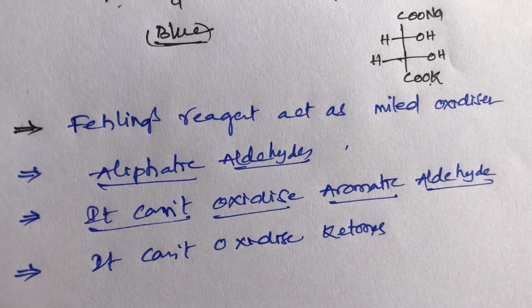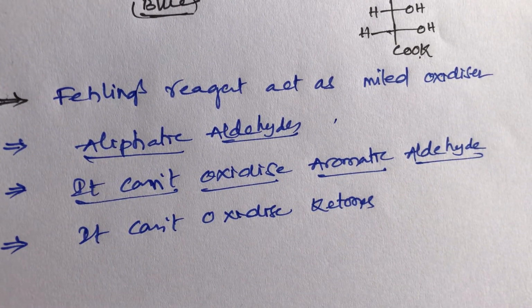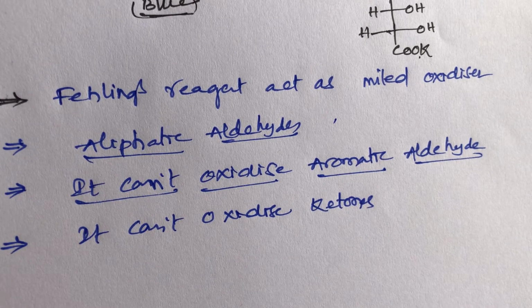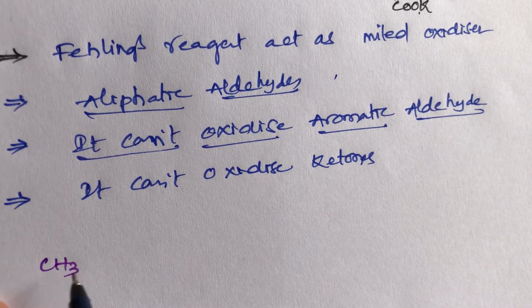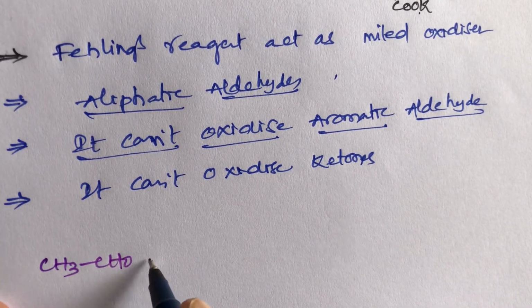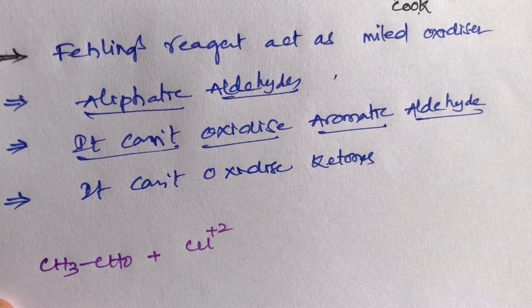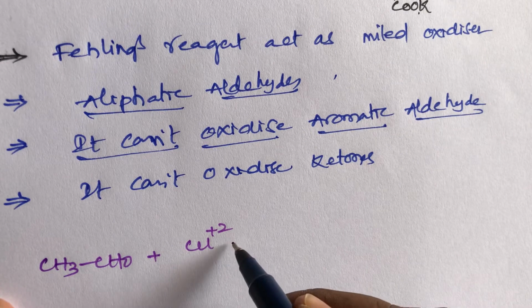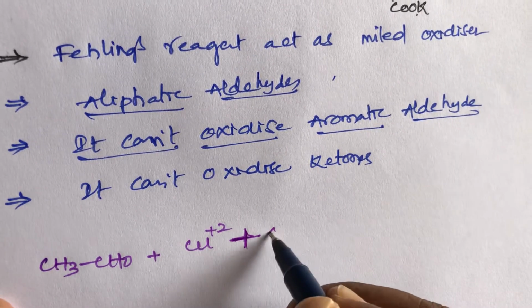So here, what is the chemical reaction, student? For the chemical reaction of Fehling's test, take the example CH3CHO reacting with Cu2+, the cupric ion, in the presence of OH-.